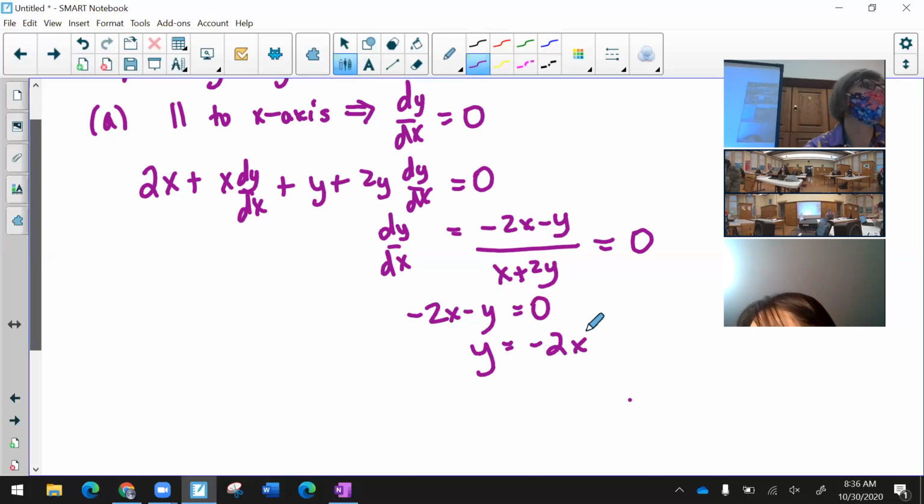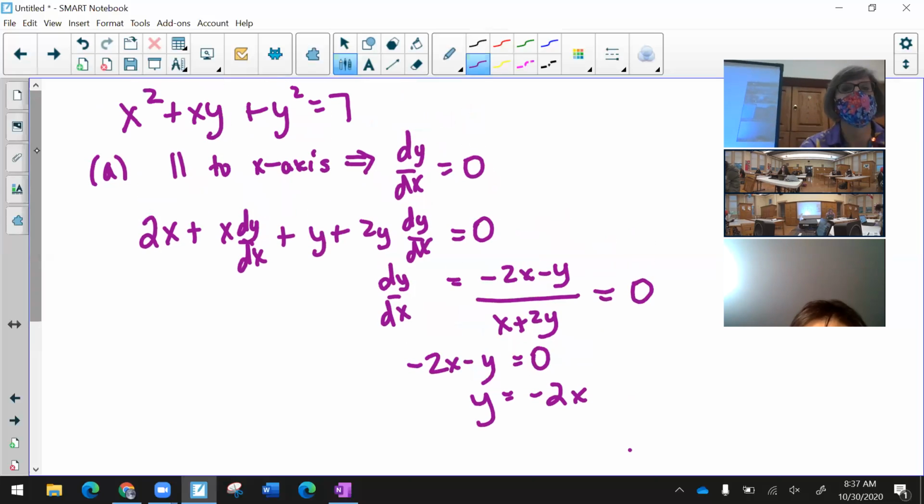But the problem actually wants us to find actual values. It wants numbers. So what's kind of my problem here? How many unknowns do I have? 2, right? Because unless I know what an x value is, I can't figure out what y is. So if I have 2 unknowns, how many equations do I need? 2.